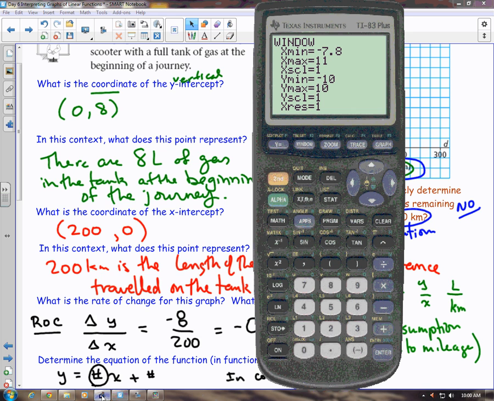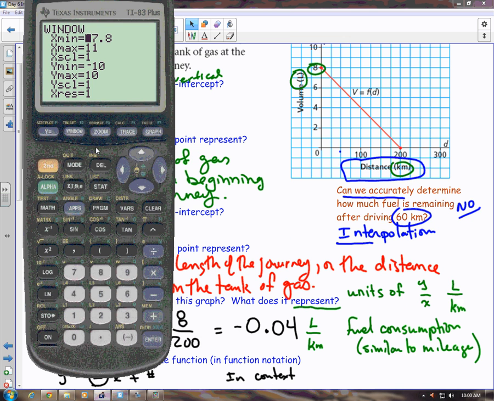So for our X window, it goes from about negative 75, that's where that third little tick mark to the left would be, up to 325, because there's one little extra box past the 300. And the scale would be 25, since the grid lines go up about every 25.